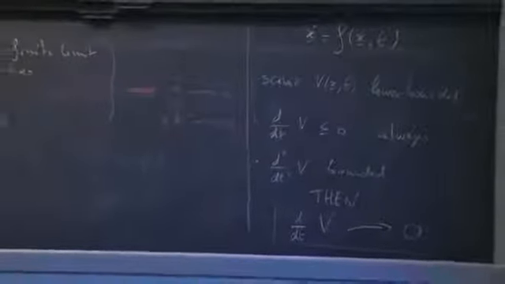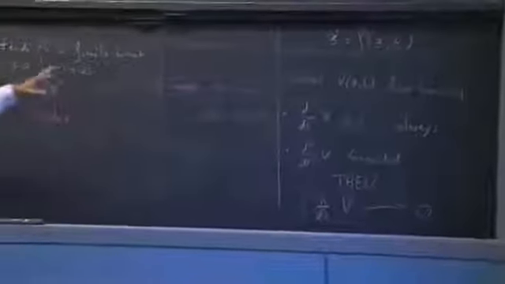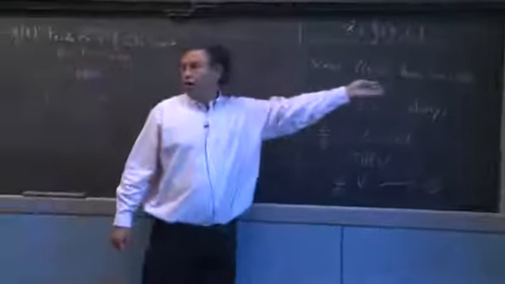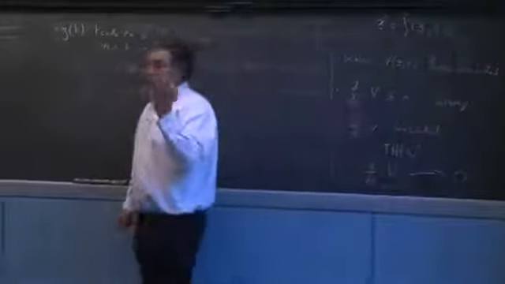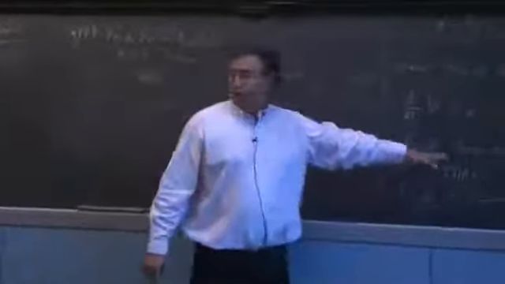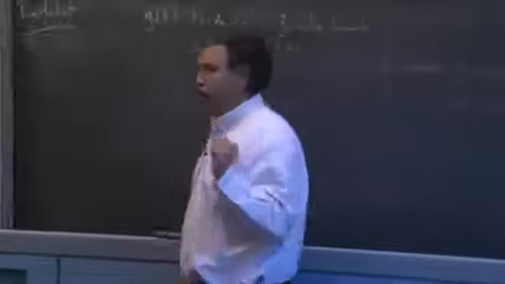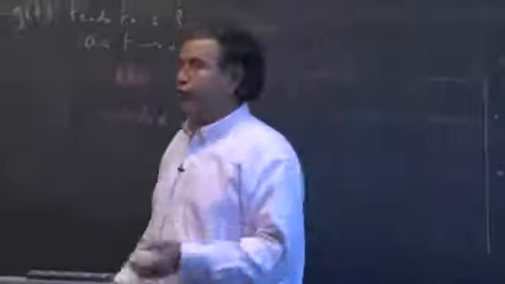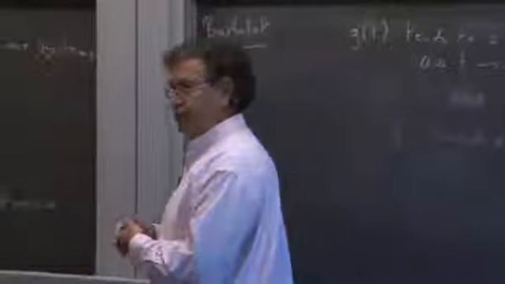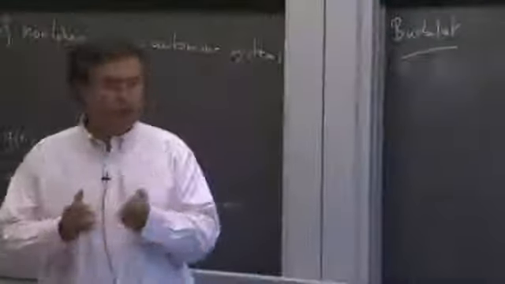You'll see it takes a second. The theorem says if you can find a scalar function for this system, which is lower bounded, for instance positive, whose derivative is always negative, so that scalar function keeps decreasing, and whose second derivative is bounded, then the first derivative tends to 0. And that's the result.